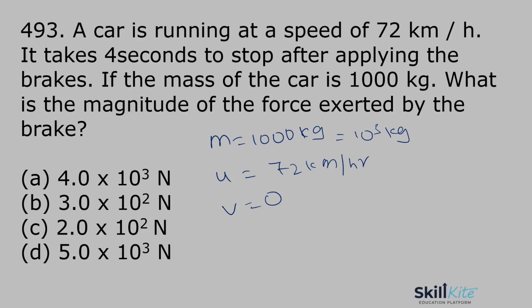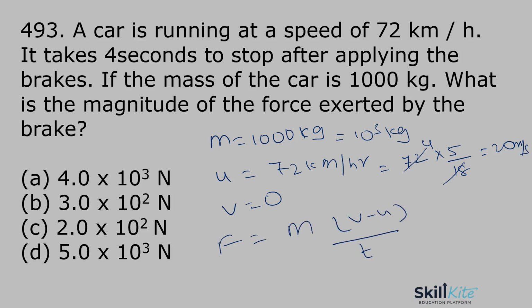So he is asking about the force, but we have to convert this into meter per second. So 72 into 5 by 18, that is 20 meter per second. F equals to mass into v minus u by t కదా.